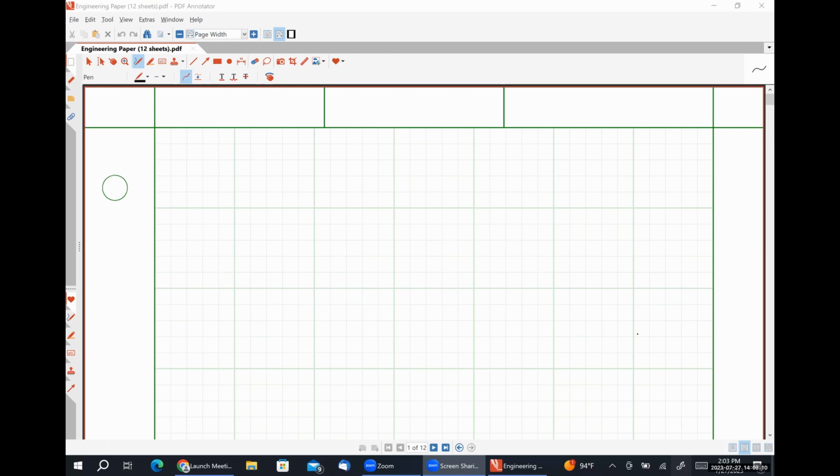So the circuit that I would like for us to analyze is this guy right here, where we have a 4 millihenry inductor. We're going to have an AC voltage source here.